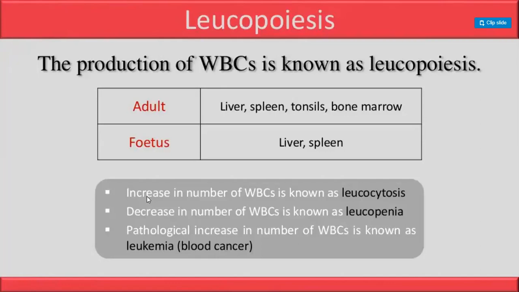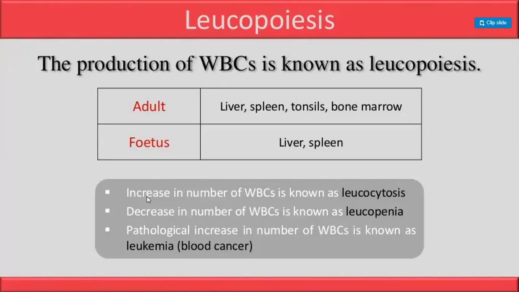Now, sometimes there could be a pathological increase in the number of white blood cells. Now, pathological increase, not just a little increase, but a huge increase where you could find white blood cell values of maybe 20,000 white blood cells in a microliter of blood.